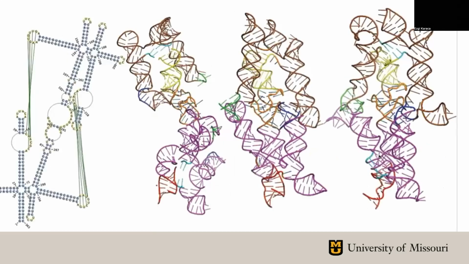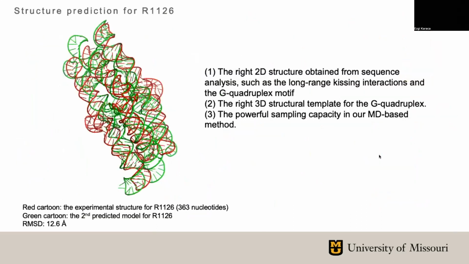Then we did the 3D MD simulation, and we used the template-based structure, the loop assembly method, to build the initial structure. Then we ran the MD simulations, and this is the same 2D structure as the one I showed. It just shows it in a different way. And the final structure looks like this, and the RMSD is 12.6. It's not perfect, but given the size of the structure, it's not too bad.